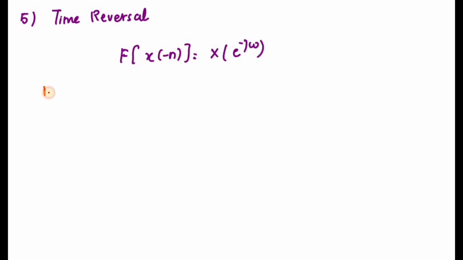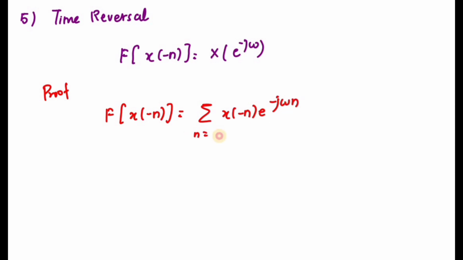So the proof is: the Fourier transform of x of minus n is equal to the summation of x of minus n e power minus j omega n, where n is from minus infinity to infinity. So I'm going to substitute u equal to minus n. If n is minus infinity, u is infinity, and if n is infinity, I'll get u equal to minus infinity.